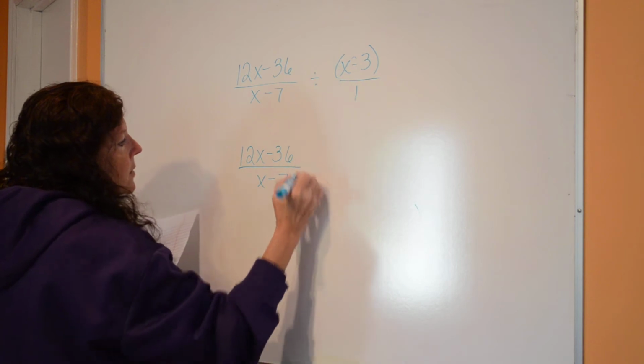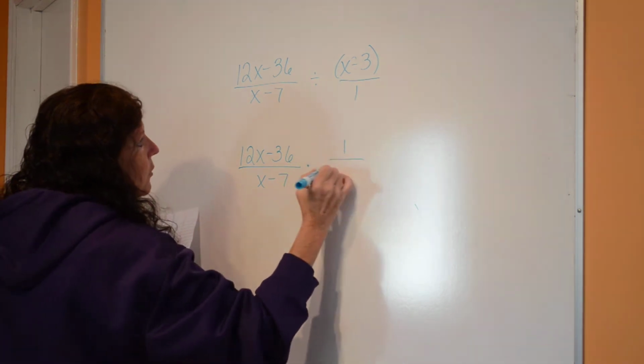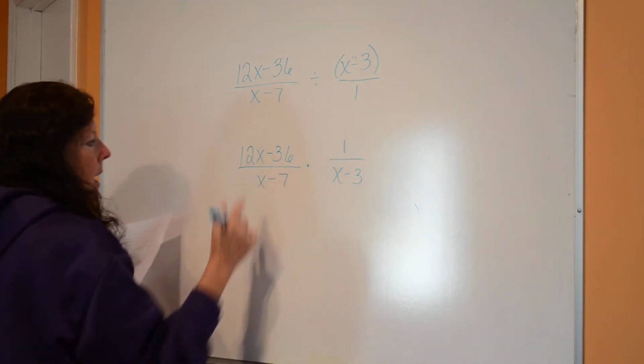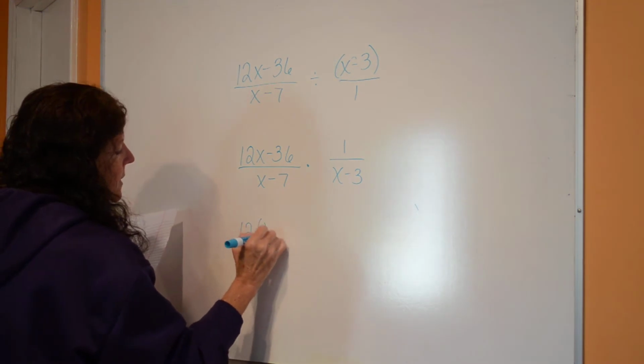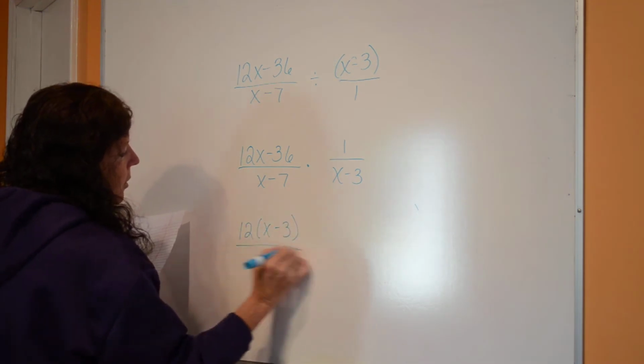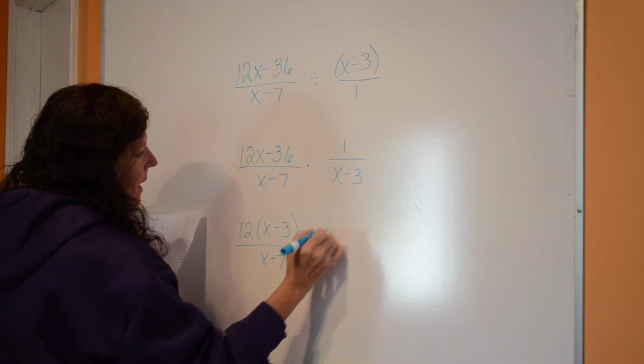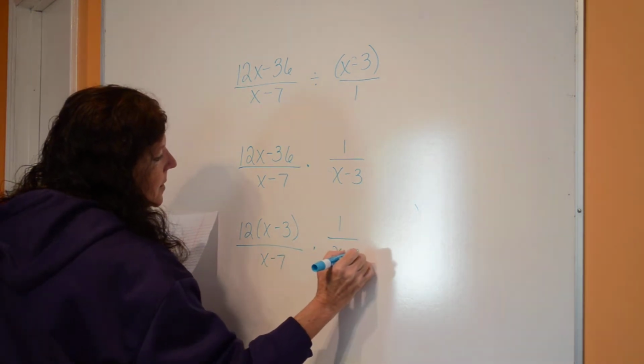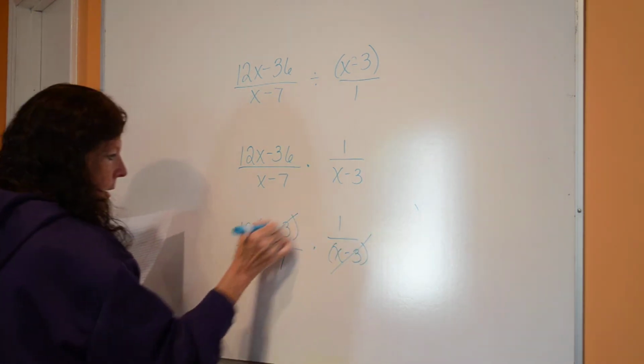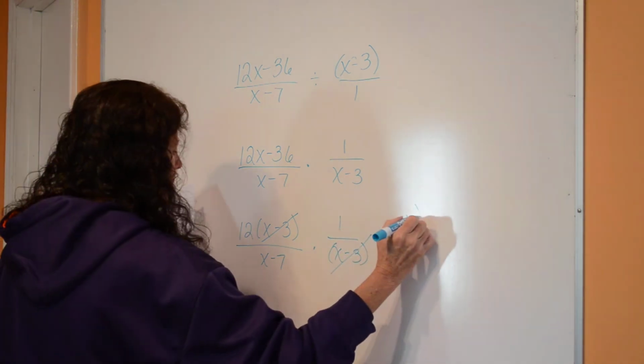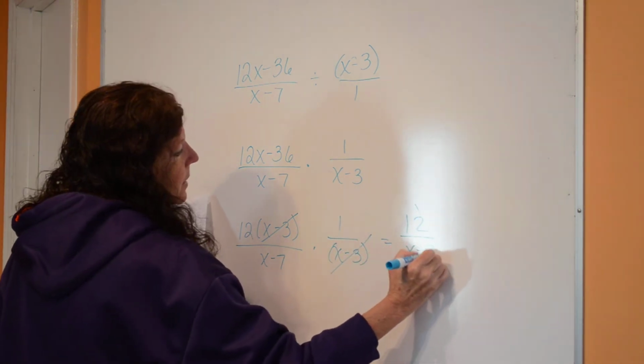Remember, that's the same as over top of 1, so it becomes 1 over x minus 3. I'm going to factor out the 12 there, so it's 12 times x minus 3 over x minus 7 times 1 over x minus 3. The x minus 3's go away. I'm left with 12 over x minus 7.